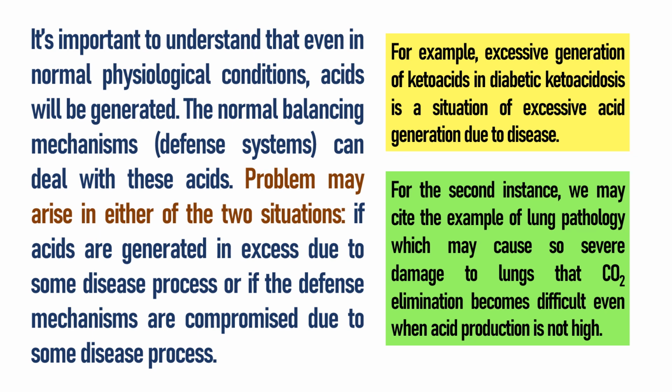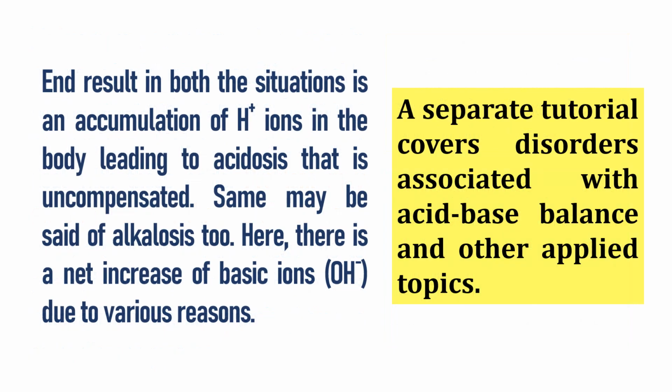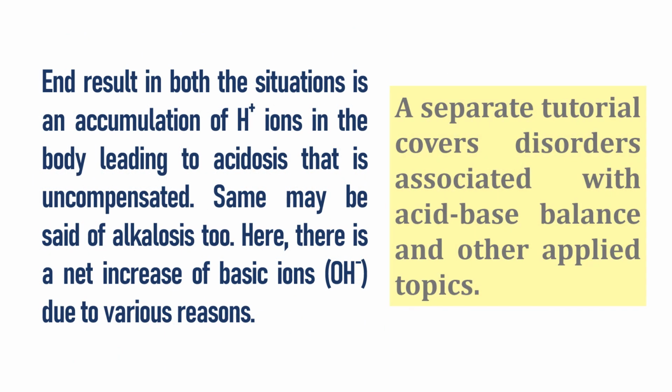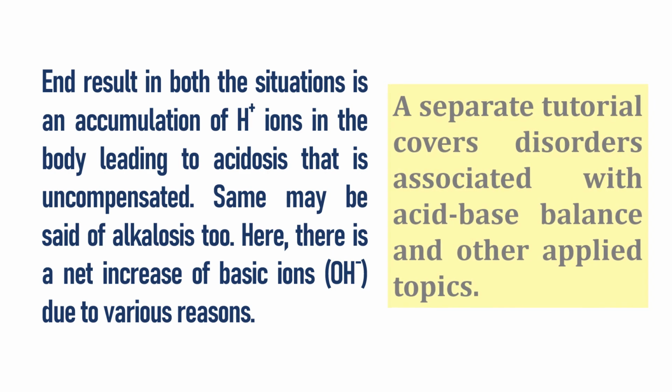For the second instance, we may cite the example of lung pathology, which may cause so severe damage to lungs that carbon dioxide elimination becomes difficult even when acid production is not high. End result in both the situations is that there will be an accumulation of hydrogen ions in the body leading to acidosis that is uncompensated.